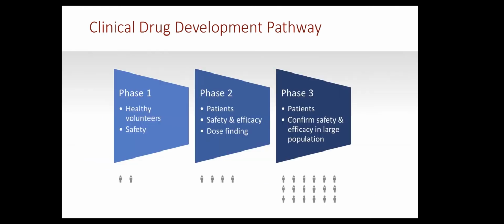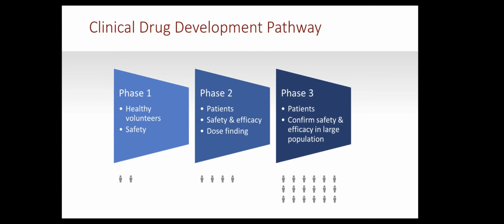If we think about a clinical drug development pathway, we've got three main phases. We've got phase one. These are generally performed on healthy volunteers, and the purpose of the study is to understand safety and tolerability. And these won't be large studies, but there will be a pathway of understanding safety and tolerability to enable us to go to the next stage, which will be phase two, where we'll start testing drugs on patients with the knowledge of that safety data from the phase one.